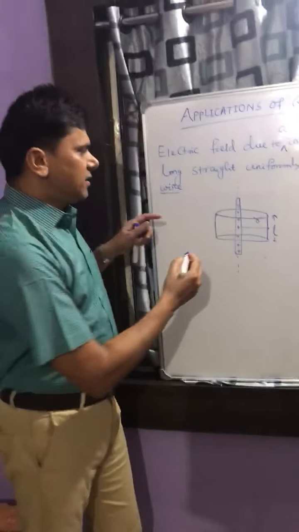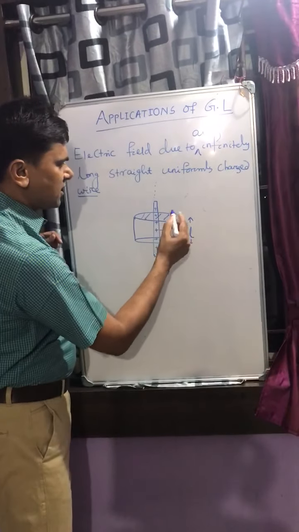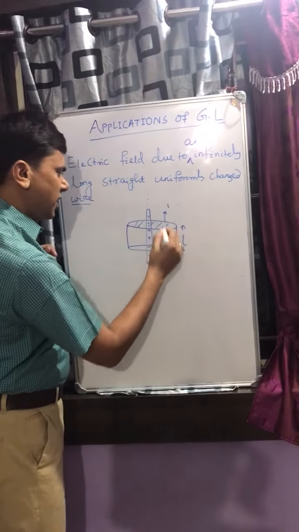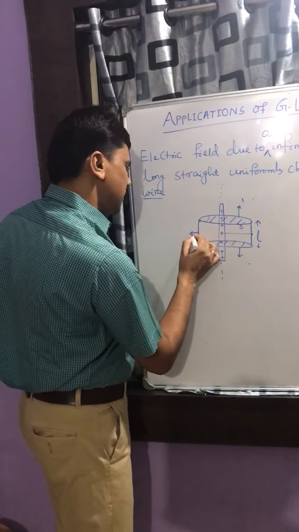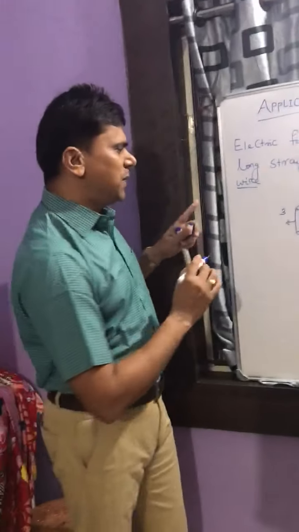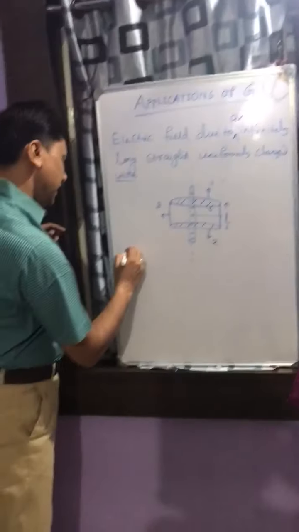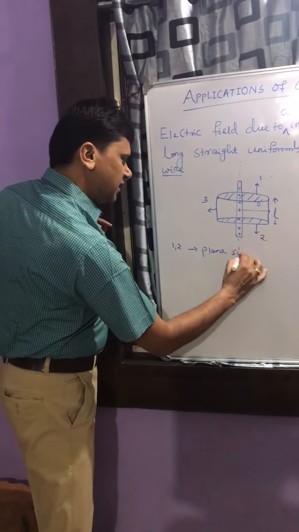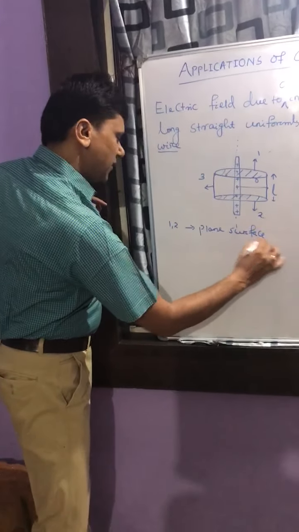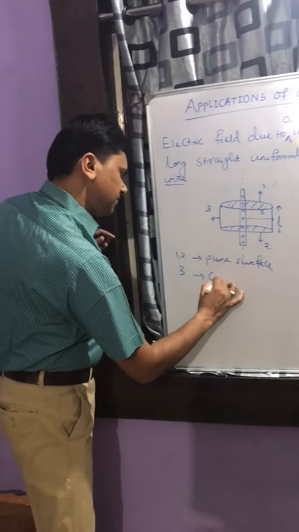There are three surfaces. This is surface number 1, this is surface number 2, and this one is surface number 3. Surfaces 1 and 2 are plane surfaces, and 3 is a curved surface.